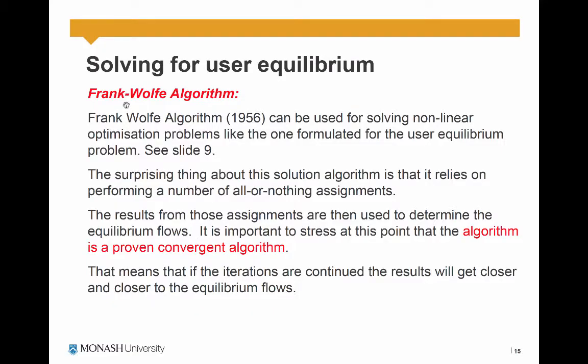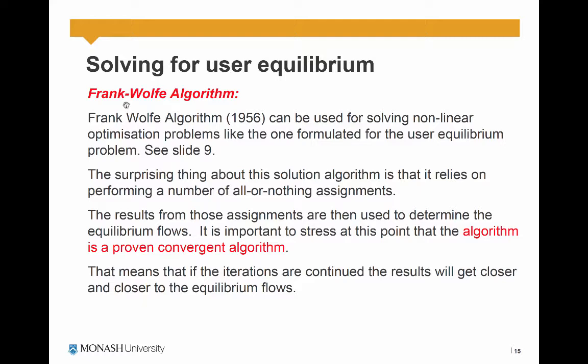A widely used algorithm to solve for user equilibrium is the Frank-Wolfe algorithm, which was first proposed in 1956. The Frank-Wolfe algorithm can be used for solving nonlinear optimization problems, like the one formulated for the user equilibrium problem as we saw in slide number 9. The surprising thing about the Frank-Wolfe algorithm is that it relies on performing a number of all-or-nothing assignments only.